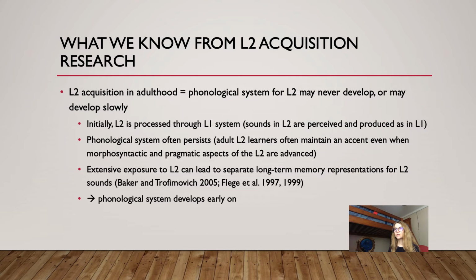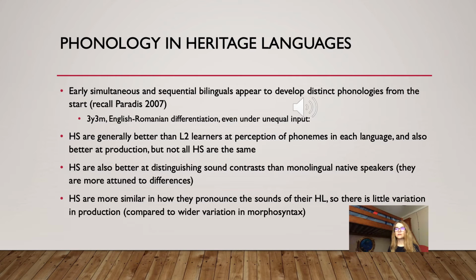Okay, so in heritage languages, even very early simultaneous and sequential bilinguals appear to develop distinct phonologies. And I want to point you back to the Paradis reading that we did in the first or second week. And I want to just play this short audio. This is from my daughter when she was 3 years, 3 months. And you can see that even though she had unequal input between Romanian and English in the household, she still at that age had two differentiated systems.